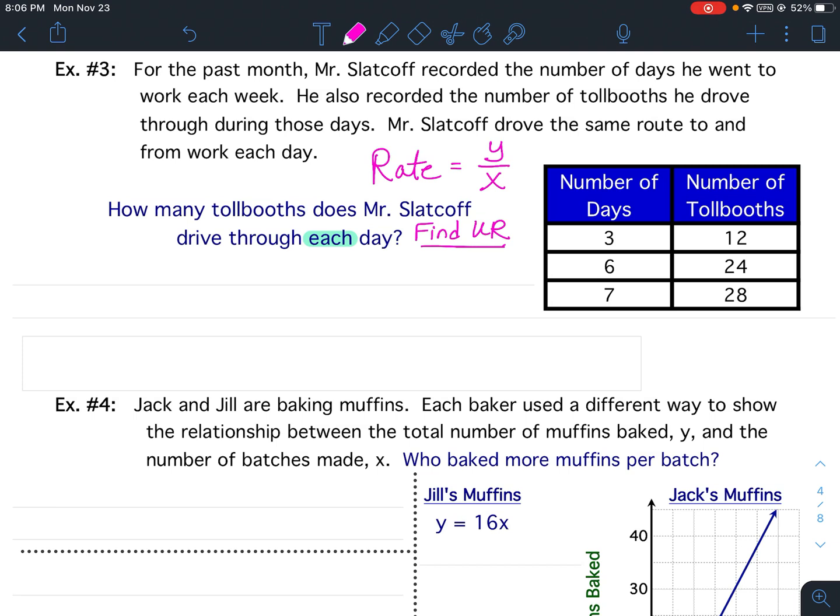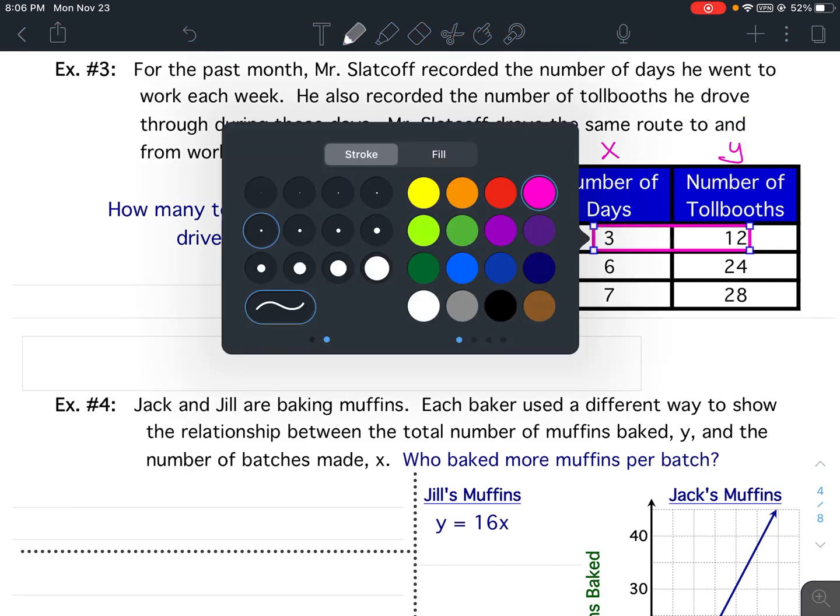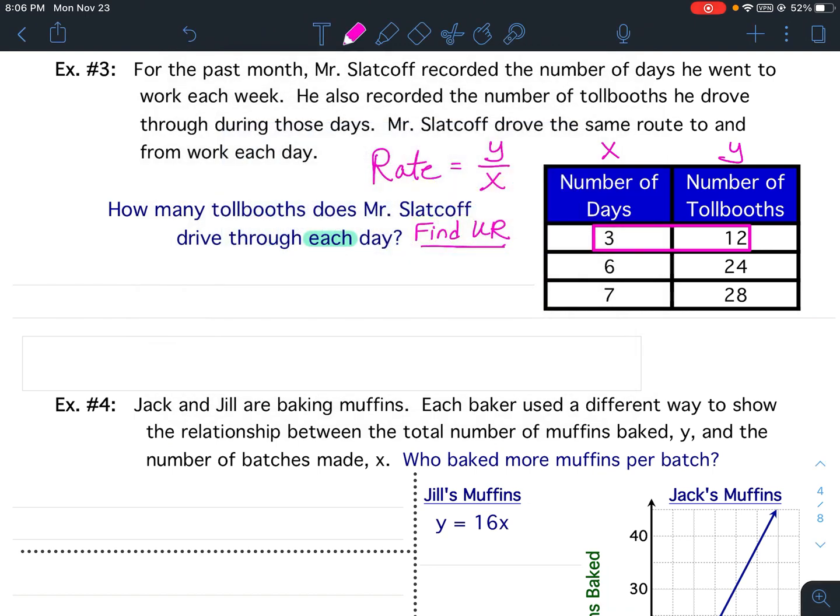Well, this chart is like a T-chart in the sense that this would be your x column. This would be the y column. Now, you could pick any ordered pair you want. You could pick the 3 and the 12, the 6 and the 24, or the 7 and the 28.